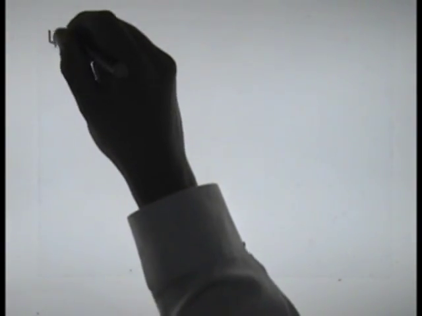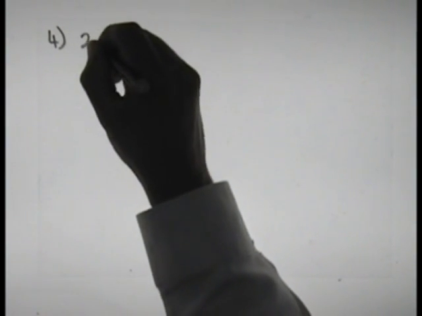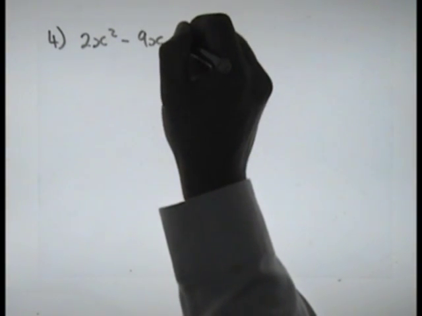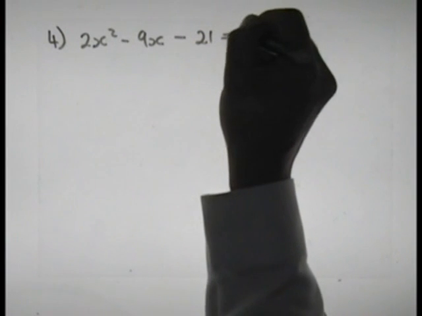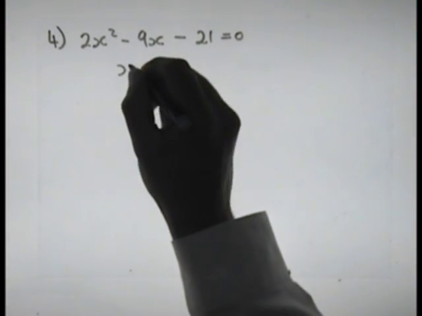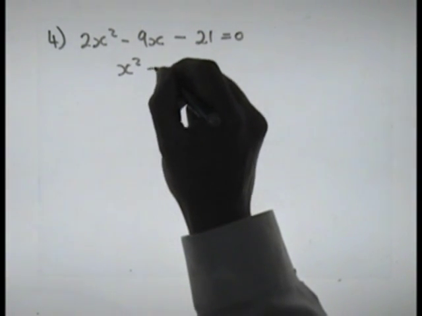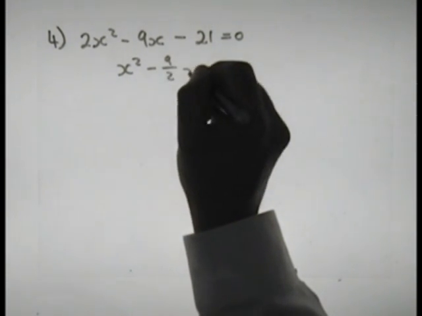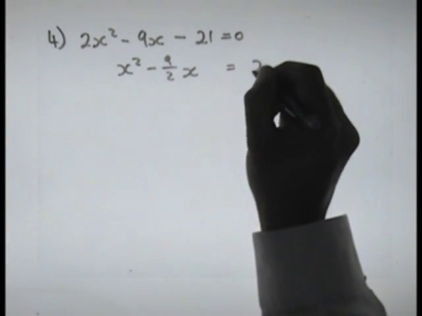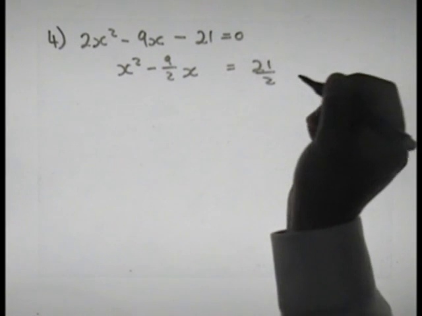Number 4 read 2x squared minus 9x minus 21 is equal to 0. That means that x squared minus 9 over 2x is equal to positive 21 over 2.